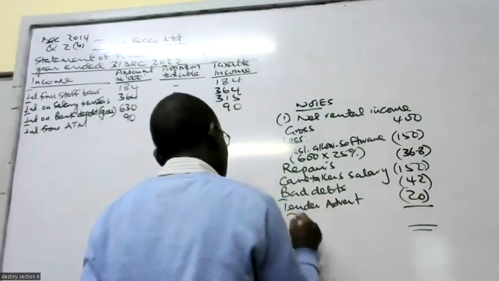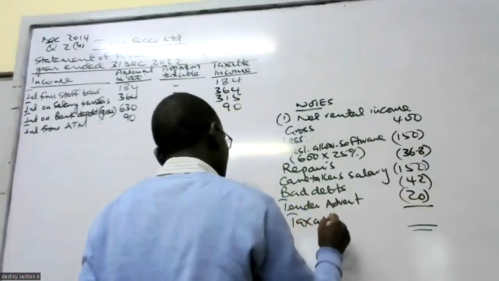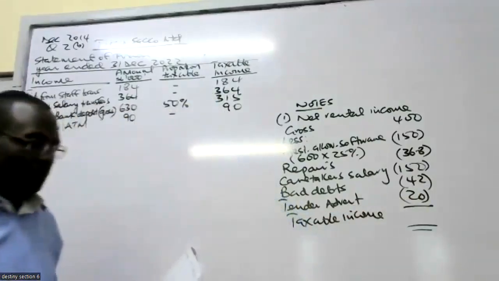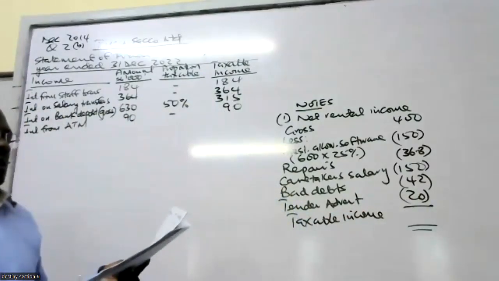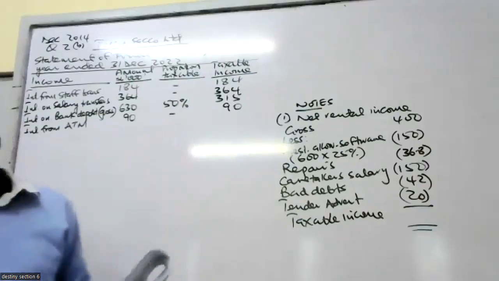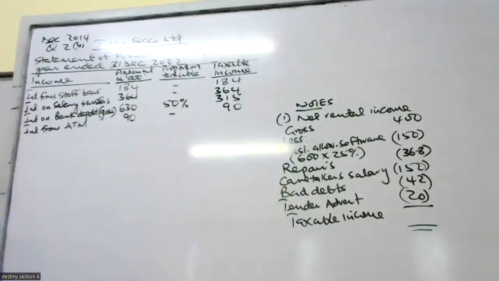Then this should give us the taxable income. Then there is interest from front office, of course, that's a different source, so you can get the taxable income.